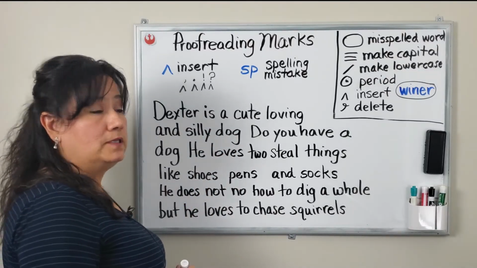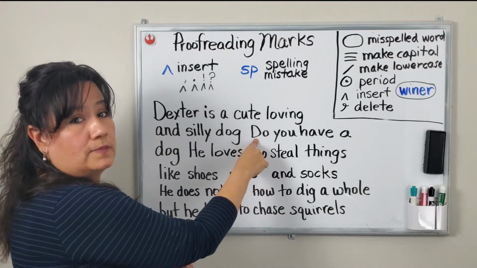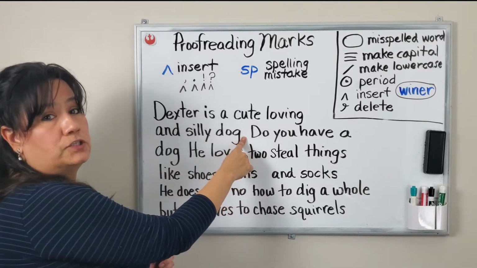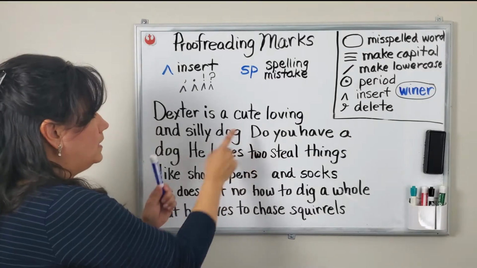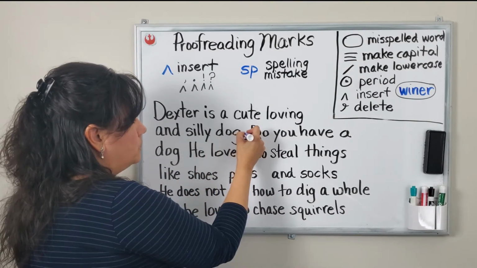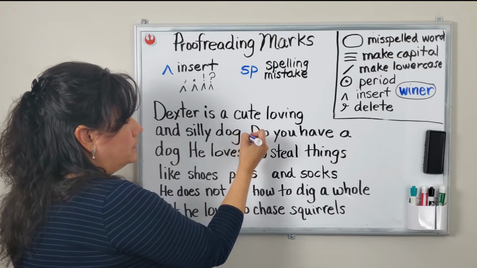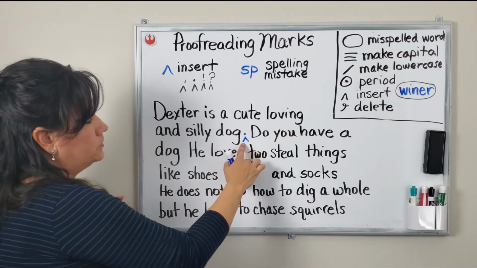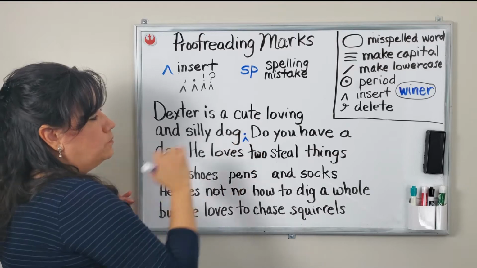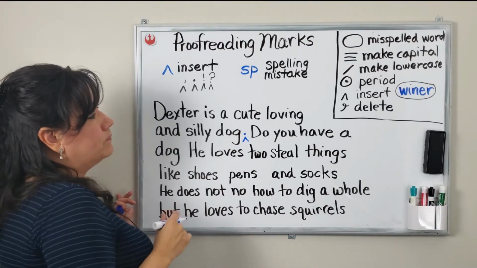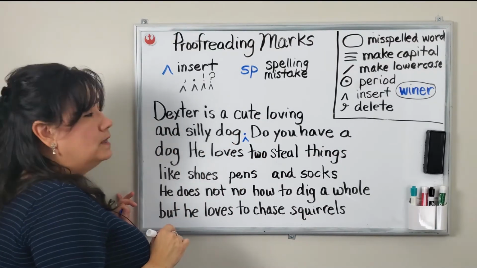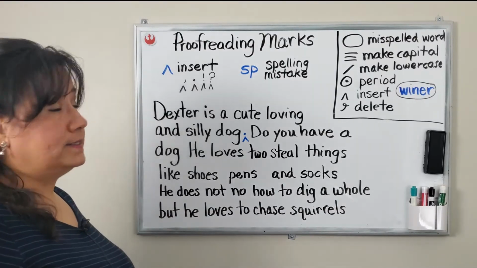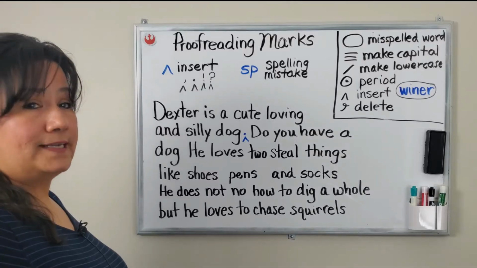That was one complete thought, and this tells me that this is the beginning of the next sentence. Therefore, we need to insert something here. And if you thought it was a period, you were correct. We need to insert a period, and that is the way we're going to write it. You do the little insert mark, and we actually put what's missing. There's something else missing though, because this tells me more than two things that describe Dexter.